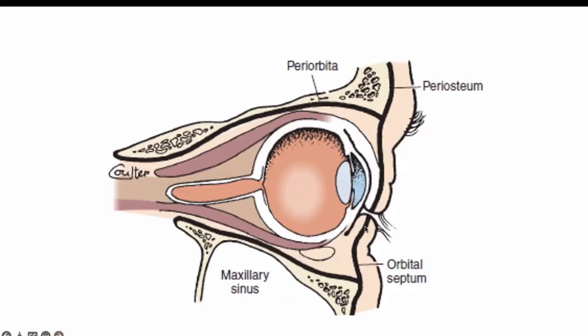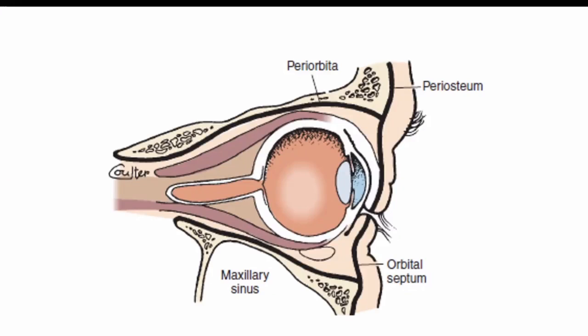So just to understand what is preseptal and what is septal, periorbital or orbital: this is the orbital septum, and anything anterior to that is preseptal or periorbital. Anything behind that is orbital. And we can understand the pathogenesis, it's the same as with osteomyelitis and septic arthritis.